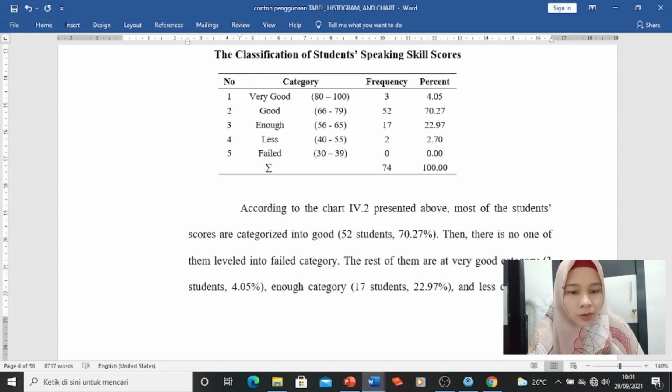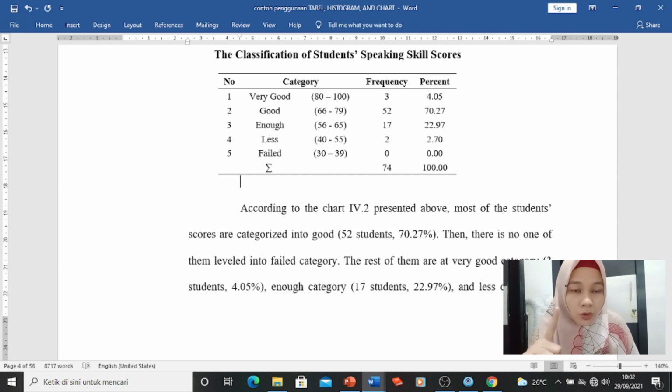So they are the classification of student speaking skills scores, and for every category like very good, there is a range of scores from 80 until 100. So that's going to be very good, and the frequency and also the percentage. So there are three different pieces of information in the data.